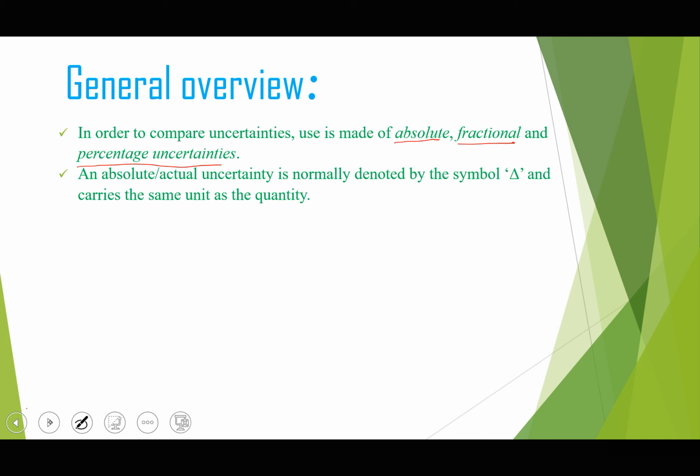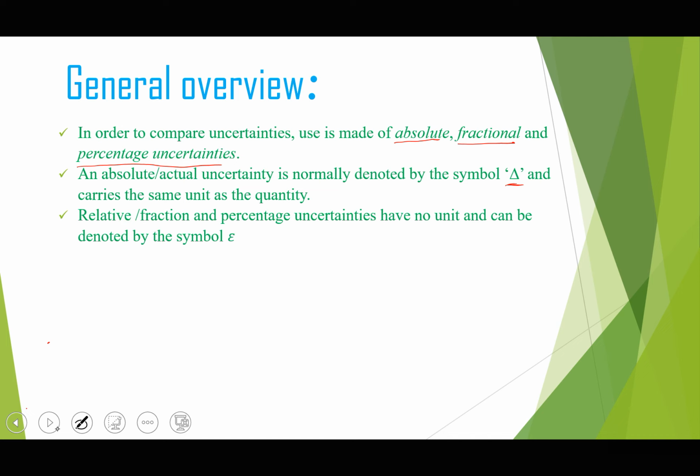Number two, we normally know that an absolute uncertainty is denoted by this symbol here. I think that is read as delta. That is the symbol we are going to use for absolute or actual uncertainties. Many questions that we shall interact with will require the absolute uncertainties. Therefore, we need to make that symbol part of us.